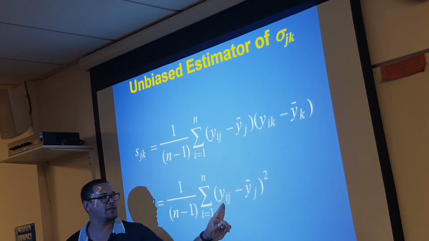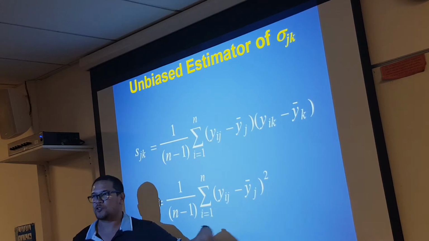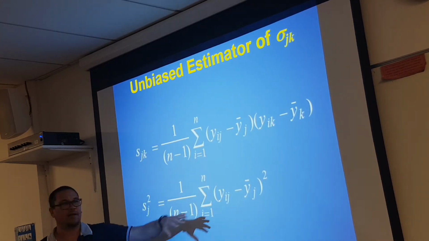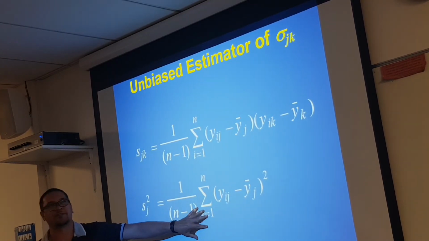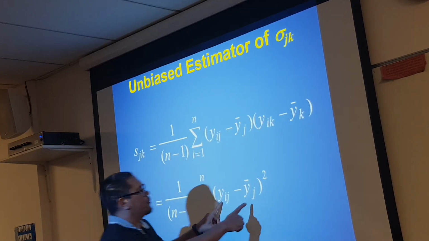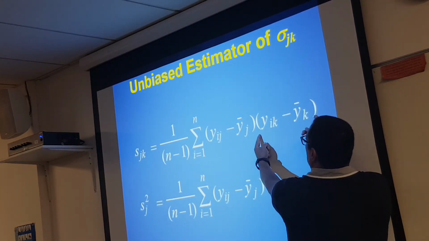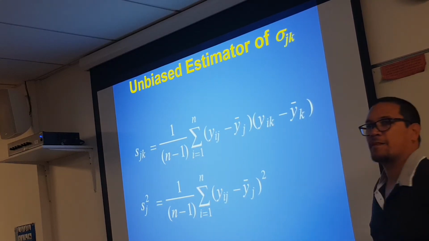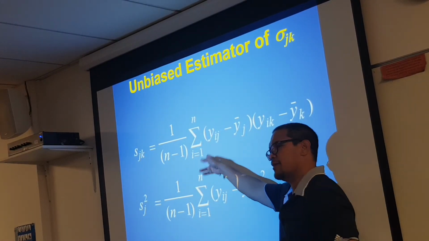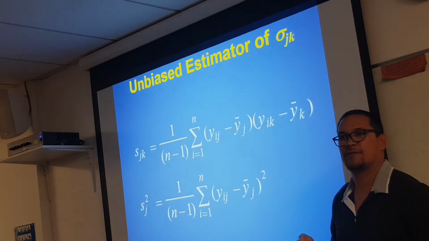The difference between an individual data point and its mean, squared and then summed across all of them, and then averaged. That's what the variance is. Here we're doing the same sort of thing, but we're relating this difference for this variable with this difference for this particular variable. And the sum of all those and then average is your covariance.